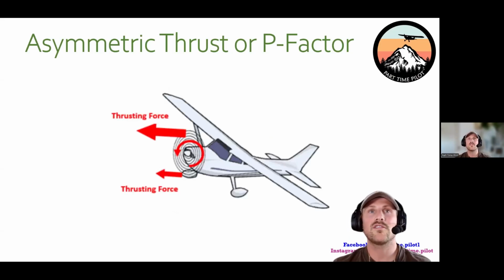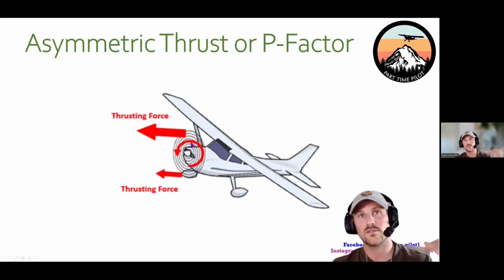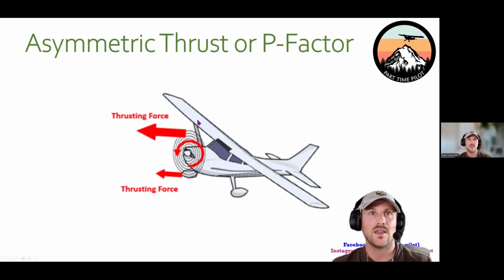So when we have an American-made aircraft that has the propeller spin clockwise from our view in the cockpit, the propeller is always going to be coming down on this side. And that means we're going to get more force on the right side from this P factor, right? So we're going to get more force over here and less force over here when we're pitched up. And that force on this right side is going to cause us to yaw to the left.